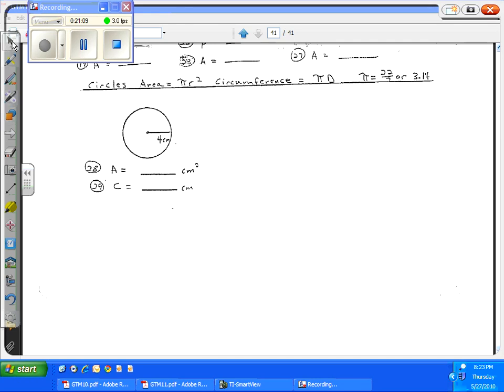We want the area and circumference. So the formula for area of a circle is pi times the radius squared. Pi is 3.14. So we have 3.14 times radius squared. The radius is half the distance across the circle, 4 centimeters.